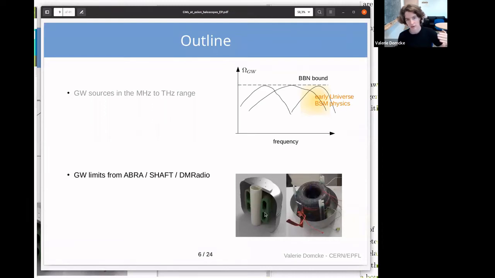And in the presence of the strong magnetic field, you have a vertex where the axion interacting with the strong magnetic field generates an induced magnetic field, and that induced magnetic field is what you read out, and that's how you look for axions. Okay, so we want to do the same. We want to see if this type of instrument, exactly the way it is built, will give you any sensitivity to gravitational waves.